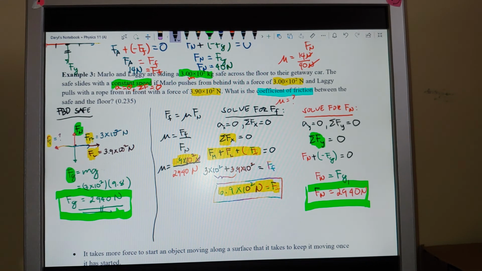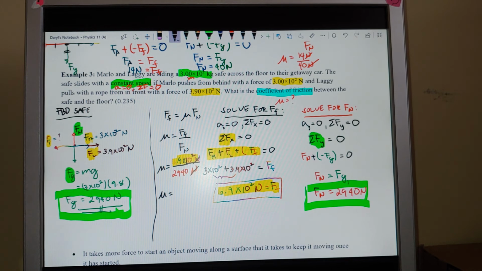So if you can see here, the newton cancels out, and mu, remember, doesn't have any unit. It's just a pure number.